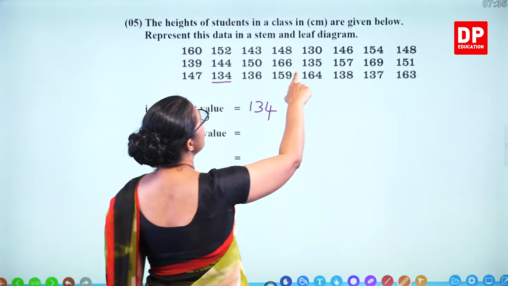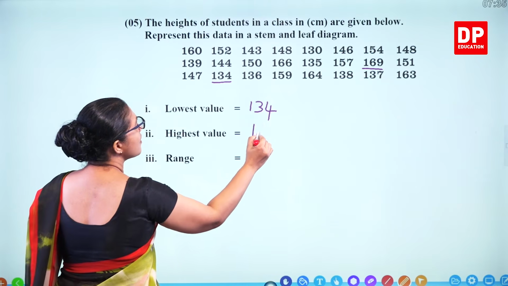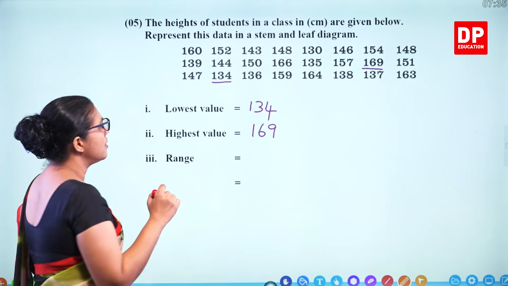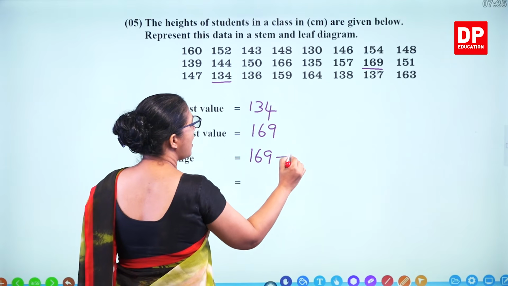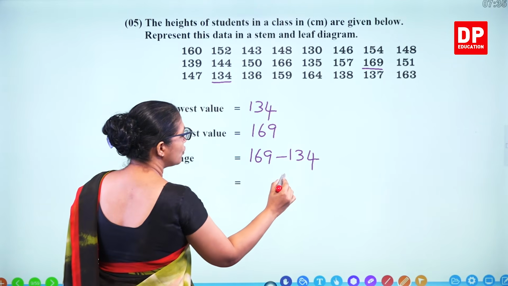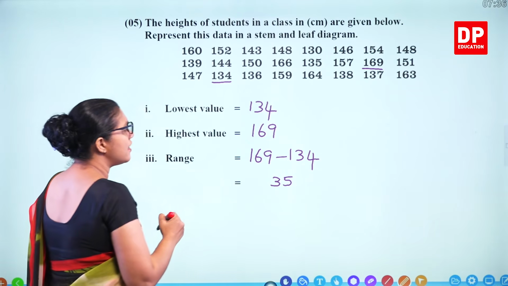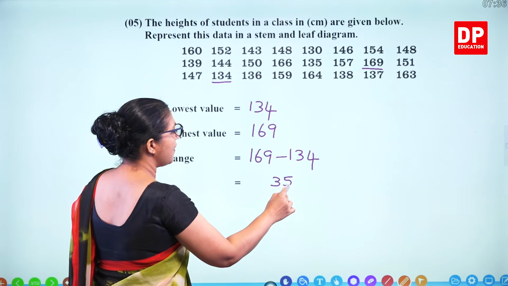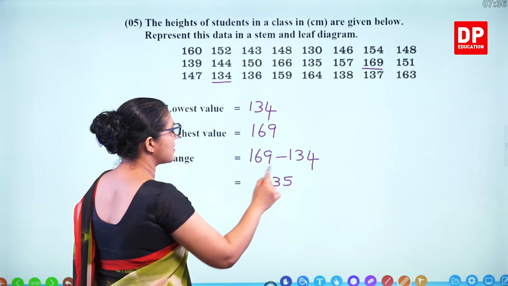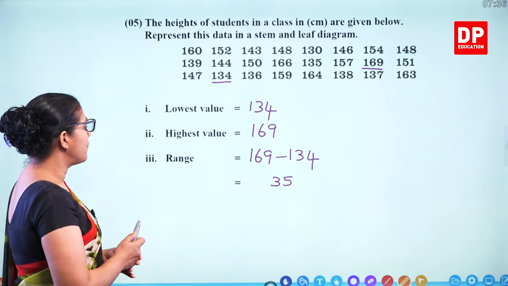Check it again. 169 is the highest number. So what's the range? Range is 169 minus 134. So 35 is the range value. 35 is the range of this data set.